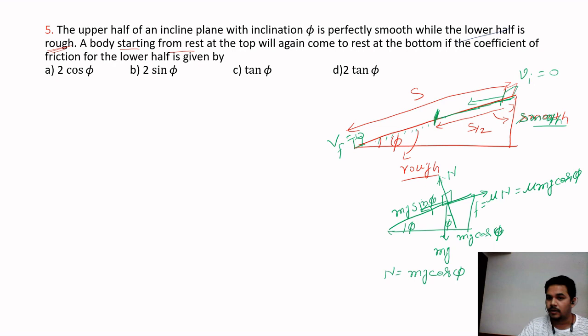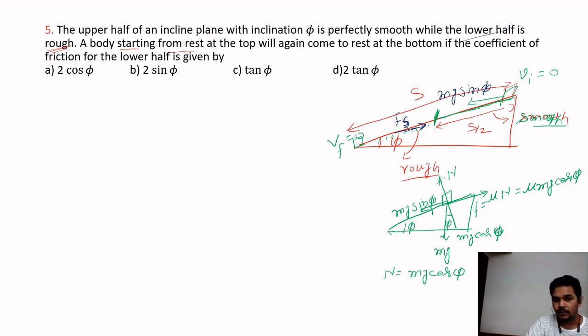Throughout the motion, mg sin phi will always be down the inclined plane, but this friction force, which is up the inclined plane, will act only in the latter half of the motion.